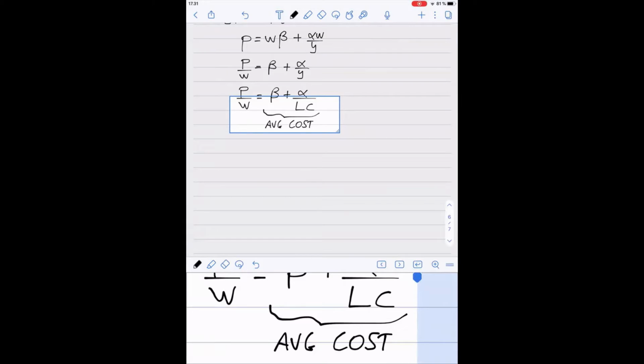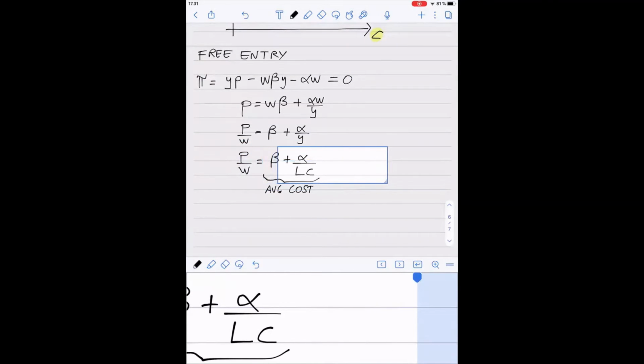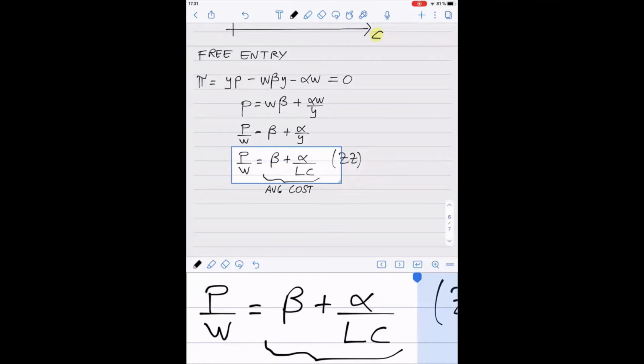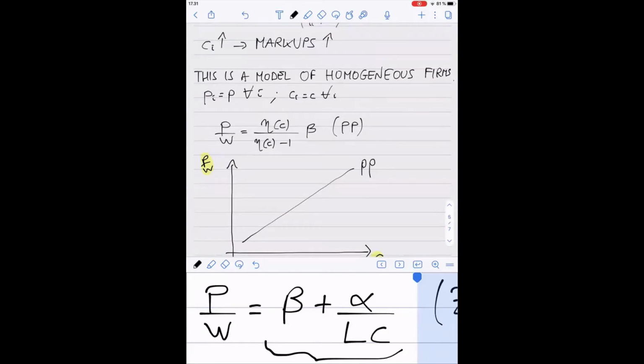It's total cost divided by output. Okay? And so this is an interesting parallel, right? Because this equilibrium condition, which we're going to call ZZ, or zero profit, is basically saying that the price equals the average cost. And the PP condition is saying that the price equals a markup times the marginal cost. Okay?